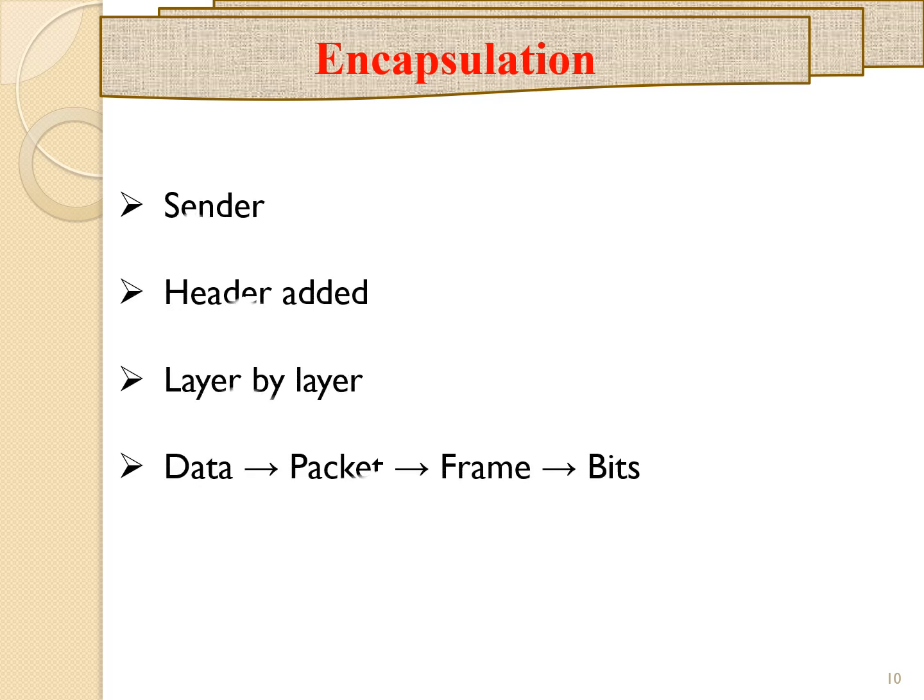Before data is transmitted, each layer adds its own header. This process is called encapsulation. As the data moves down through the layers, it becomes a packet, then a frame, and finally a stream of bits ready for transmission.